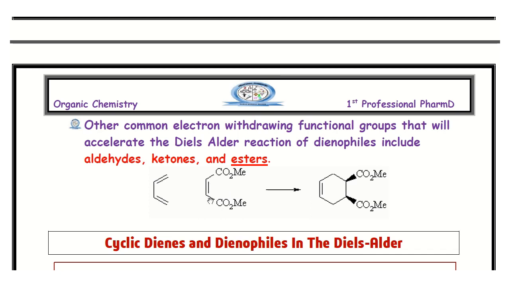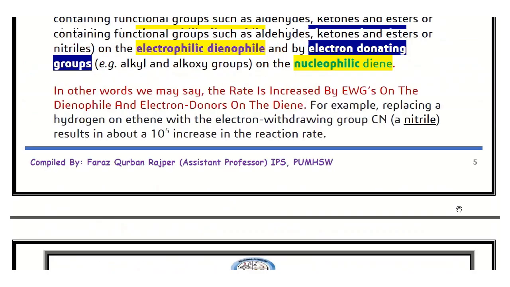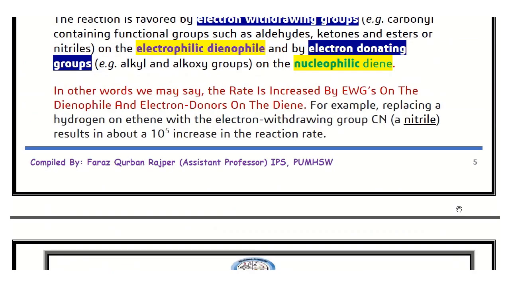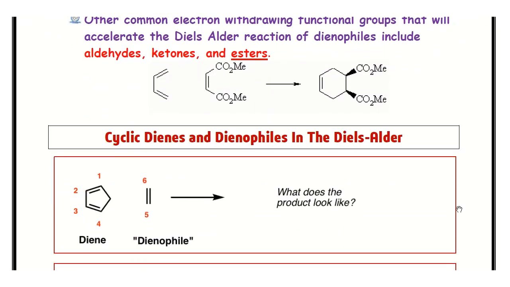This one is an example of an ester substituted in the dienophile, ethene. You may observe that the reaction rate has been enhanced, and in the product we have the same CO2Me functional group. Clear. So an electron withdrawing group must be substituted on the dienophile, and an electron donating group on the diene, in order to achieve the optimum product with good speed.